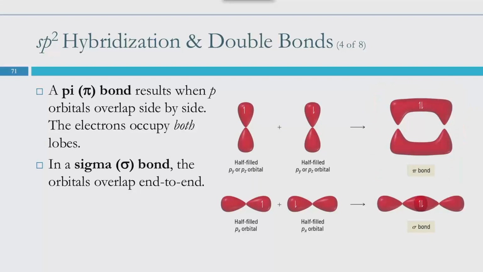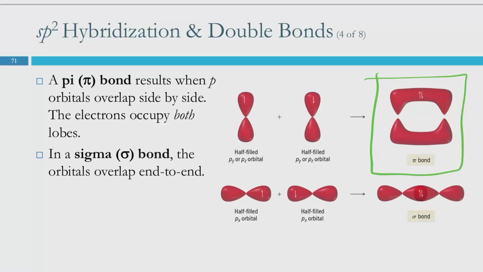Our pi bond is this weird shape, and the electrons occupy both lobes. Usually we just show the electrons on one side, but they are actually in both, which is a little bit weird to me.